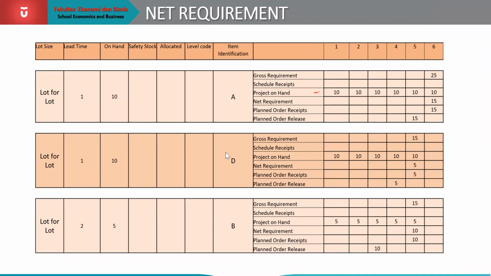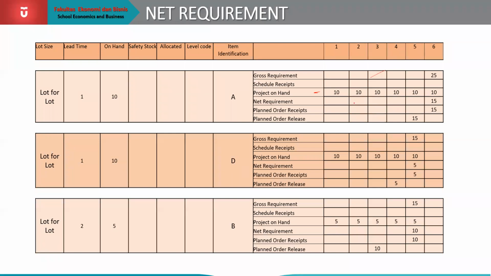Okay, so actually, let me repeat it again. If you know that in week 6 you need to provide 25 office chairs, and you know you have projected on hand, why is this number 10 written in weeks 1, 2, 3, 4, 5, 6? Because projected on hand is the final product that is already in your warehouse.